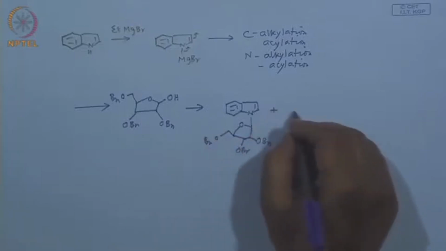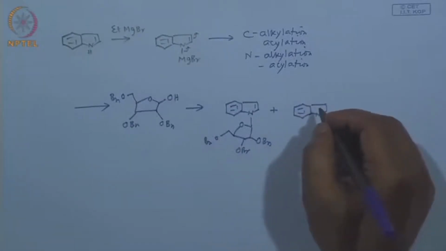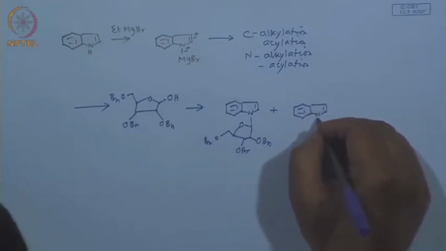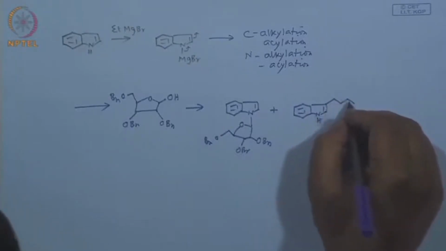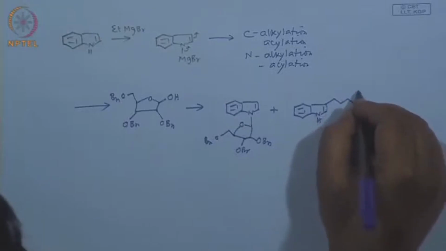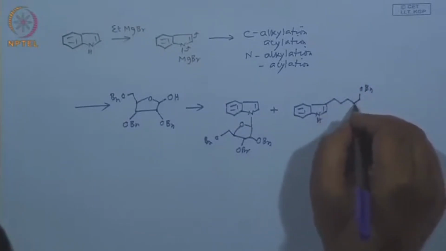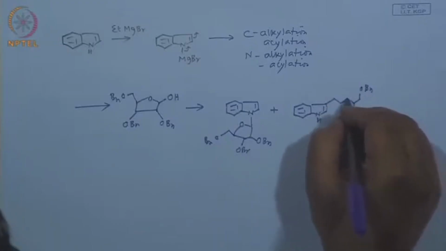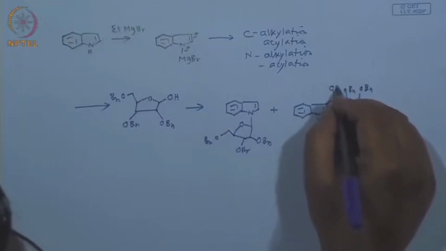The other possible product is the C alkylated product. So, hydrogen and benzyl is an open chain compound, so it should be OH, then benzyl, and this one is OH.